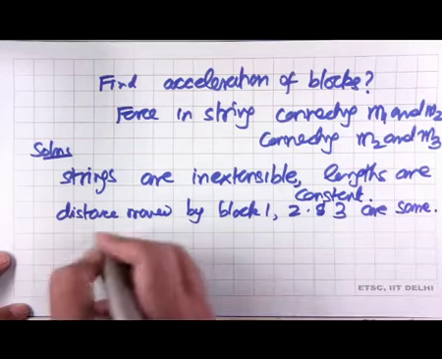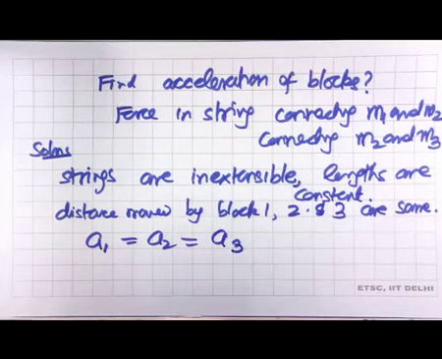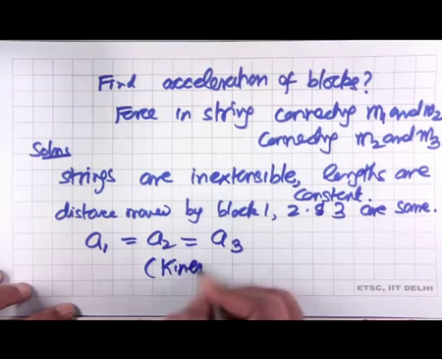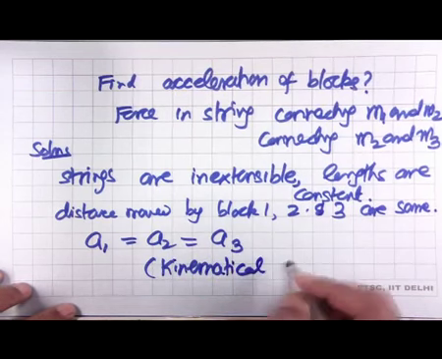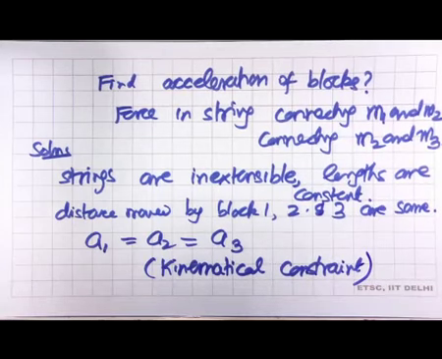What this gives us is that acceleration of block 1 must be equal to acceleration of block 2, which must be equal to acceleration of block 3, and this we can call the kinematical constraint which we get on this multi-body problem.